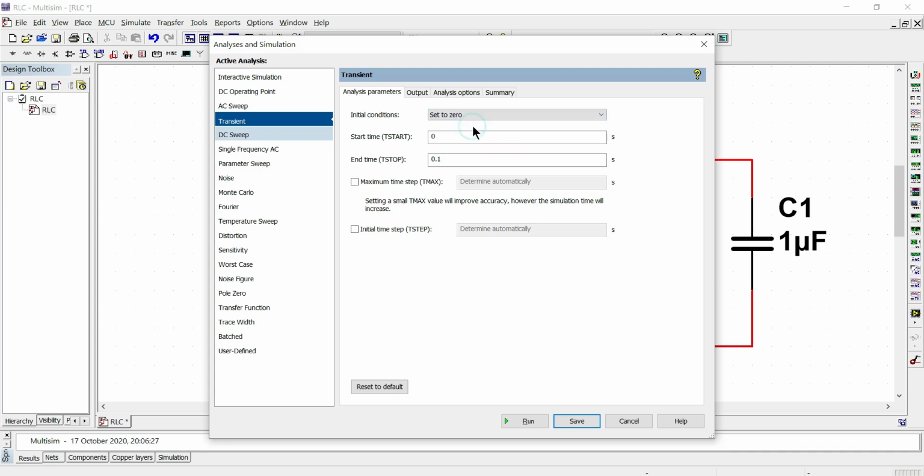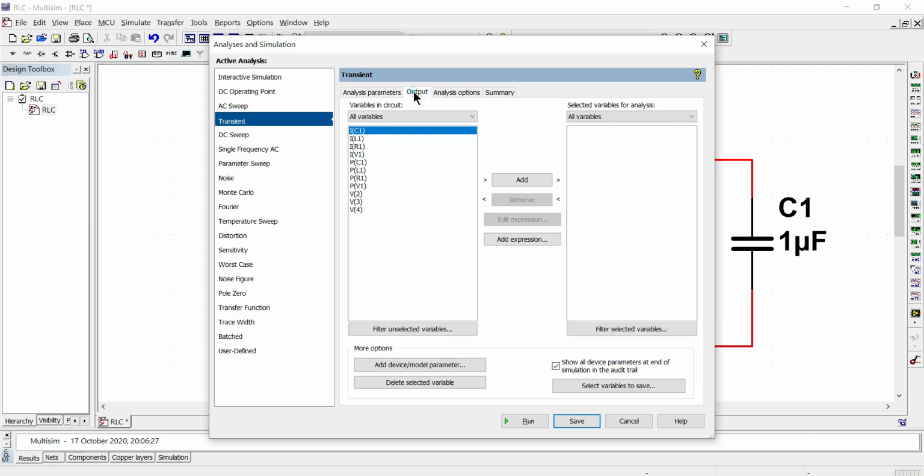Since for our case we have 0 initial conditions, let me set the duration of transient analysis to 5 milliseconds. To get the output smoother, I will set the maximum time step to 10 to the power minus 6 seconds.